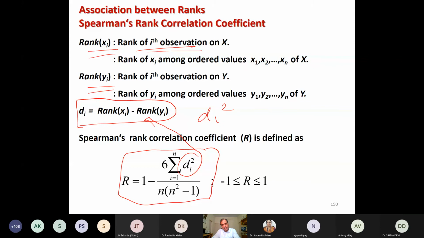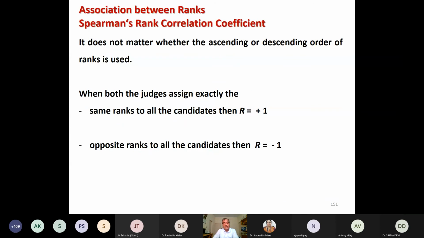But anyway, the utility is the same as in the case of the correlation coefficient. In this case, the correlation coefficient is going to lie between -1 and +1, and the interpretation goes exactly the same way as earlier. If all the judges give the same rank to all the candidates, for example, I give 10 marks, the other person gives 10 marks, I give 2 marks, the other person gives 2 marks, then the correlation is going to be +1.